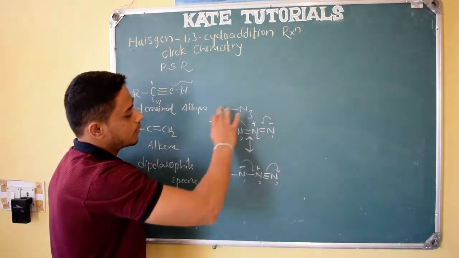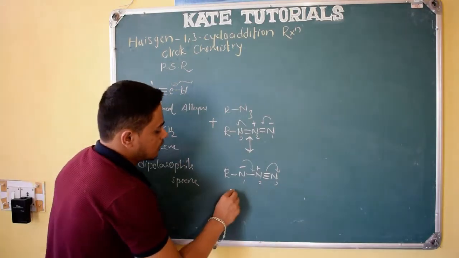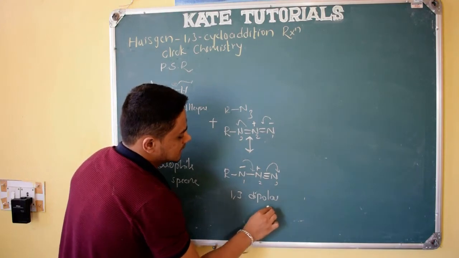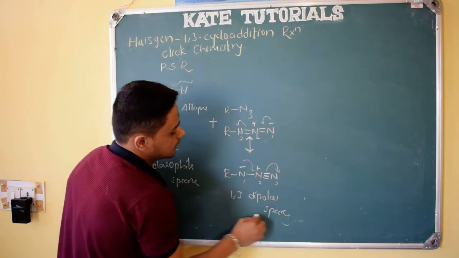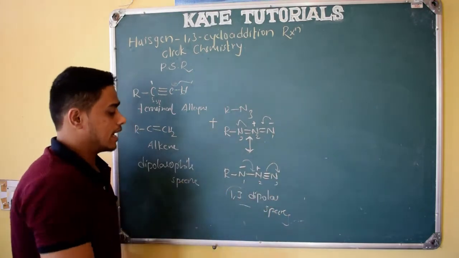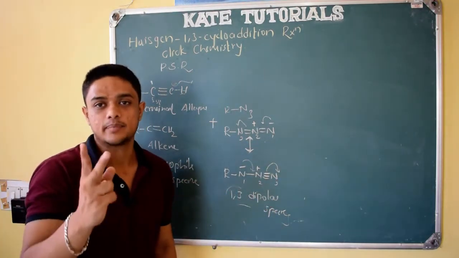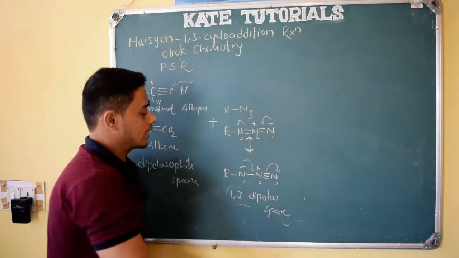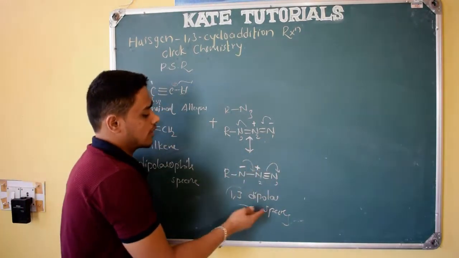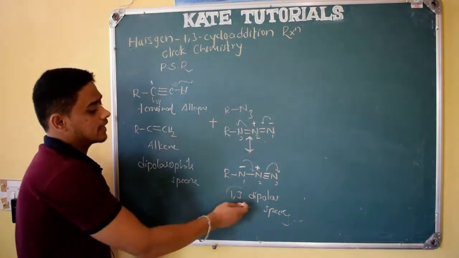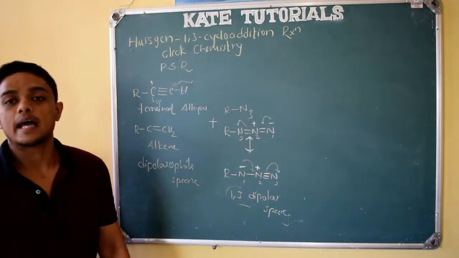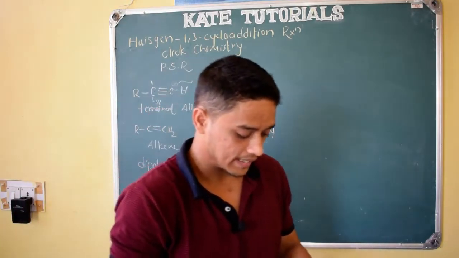This type of compound is called a 1,3-dipolar species. Why 1,3? Because resonance occurs over the 1, 2, 3 positions, three atoms. Dipolar means di, two polarities, different polarity: one is a negative charge, one is a positive charge. So terminal alkynes are dipolarophiles because they have dual character, and these are 1,3-dipolar species.